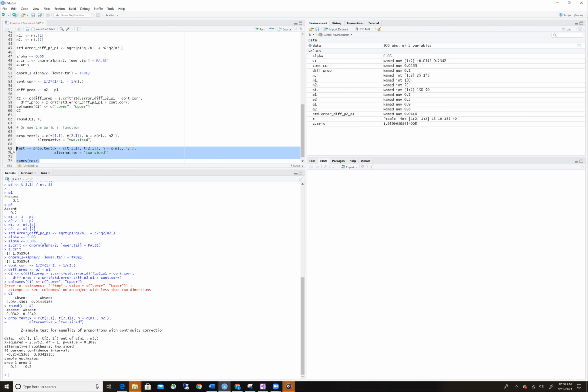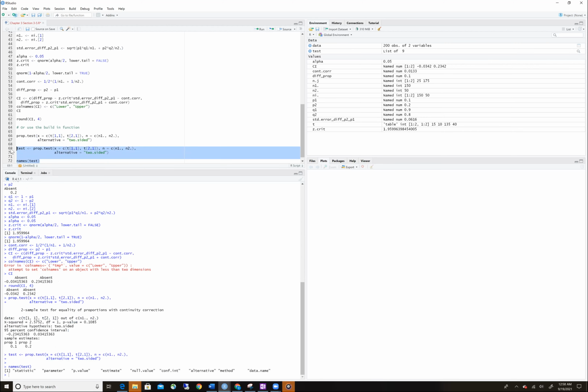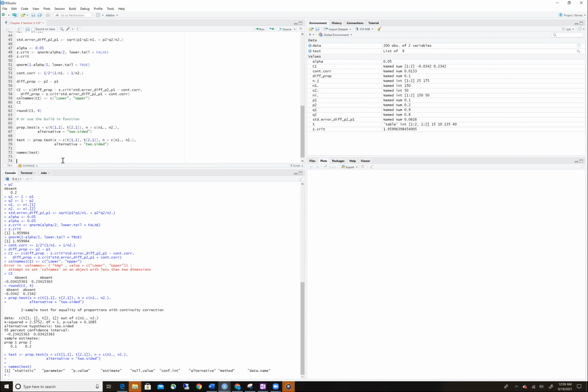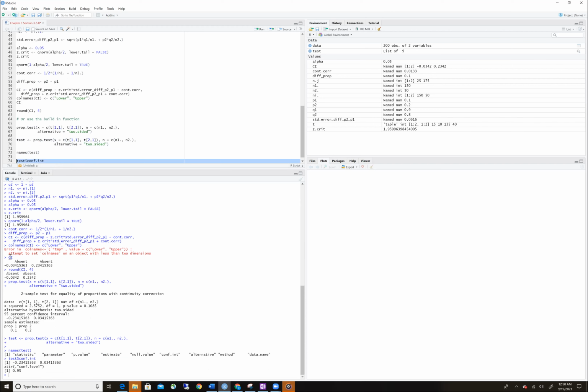And if I do so, I know what I can pick off: statistic, parameter, p-value, estimate, and so on. But if I just wanted the confidence interval on its own, I could say test$conf.int. And when I do that, I get negative 0.234 up to 0.034.